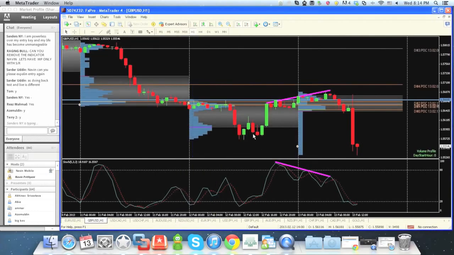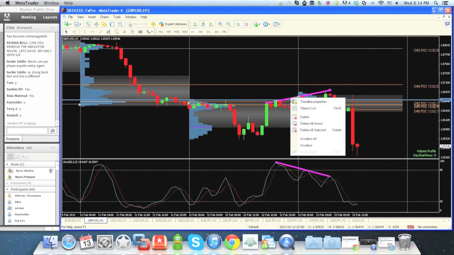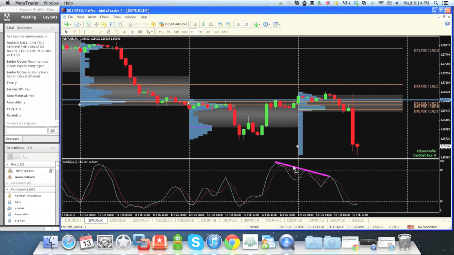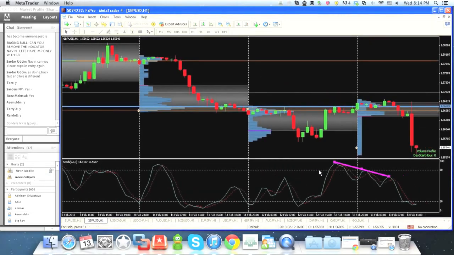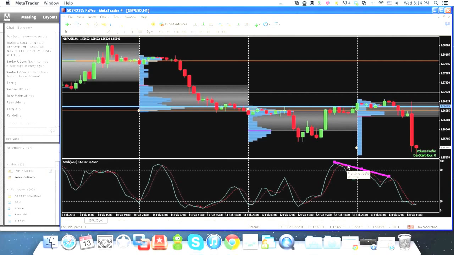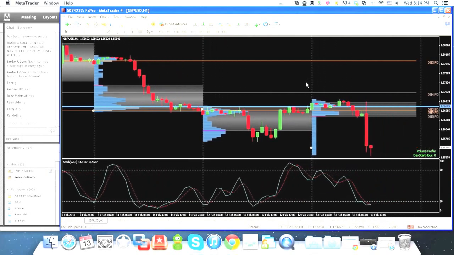Okay, my MP is plotted now. As we pop in our MP, let me remove all these lines so you guys can see. Sorry. There we go. As we have this, our initial breach happens here on this candle when the day starts.